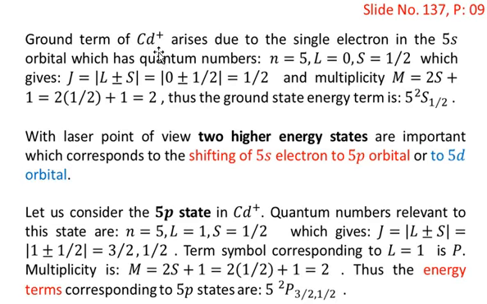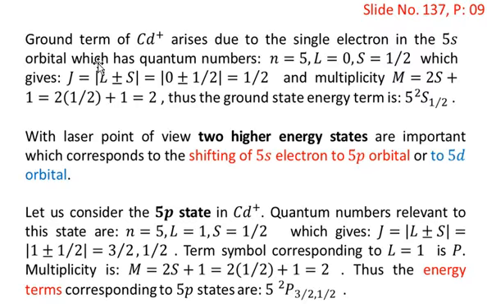The ground term of the cadmium ion arises due to the single electron in the 5s orbital, which has the quantum numbers: principal quantum number n is equal to 5. Orbital quantum number is 0 because s means L is equal to 0, and since there is only one electron, we have the spin quantum number equal to half.